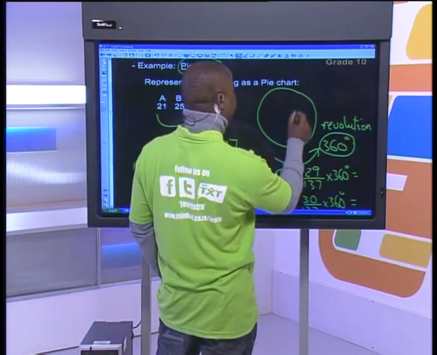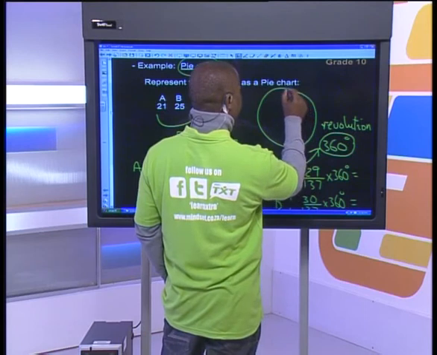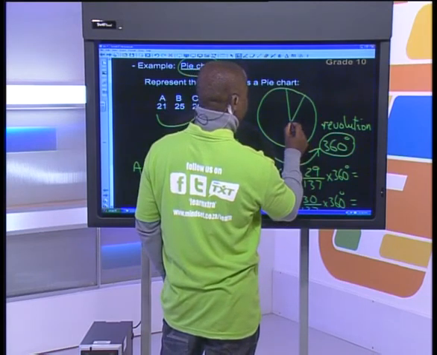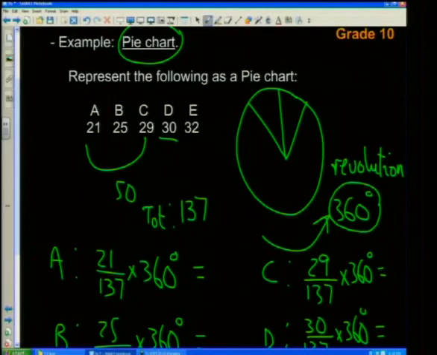There are 5 parts. Let's say 32 there, and 30 close to that. This is now E, and this is D, let's say. And then 29 is for C, let's say.